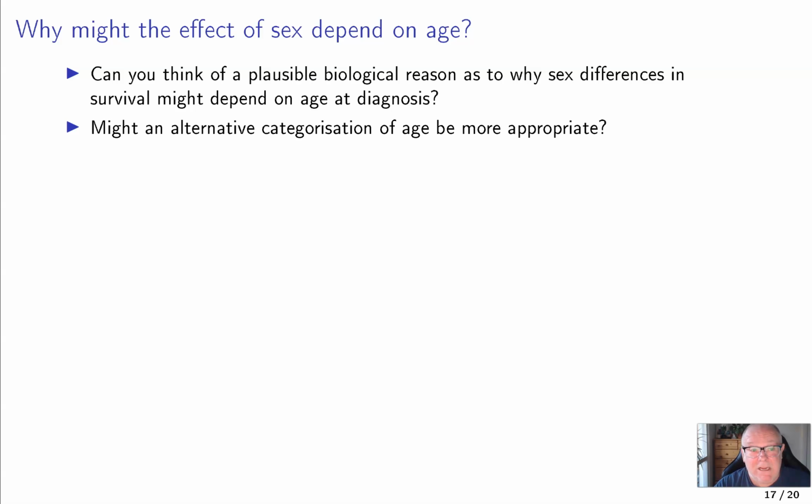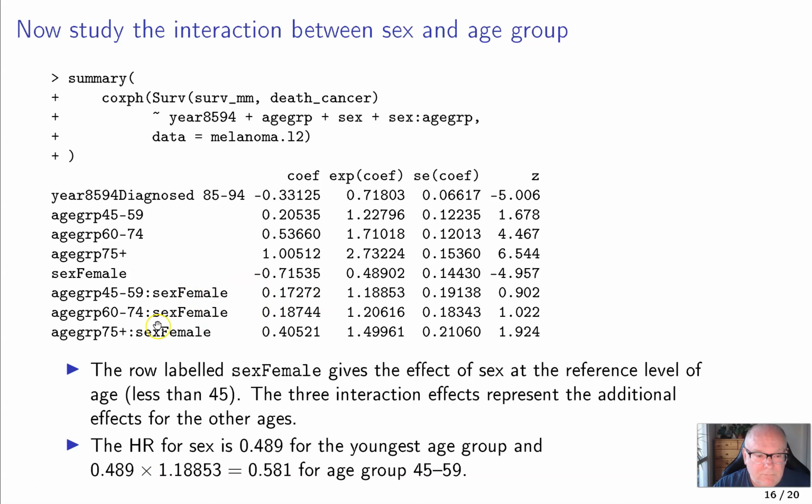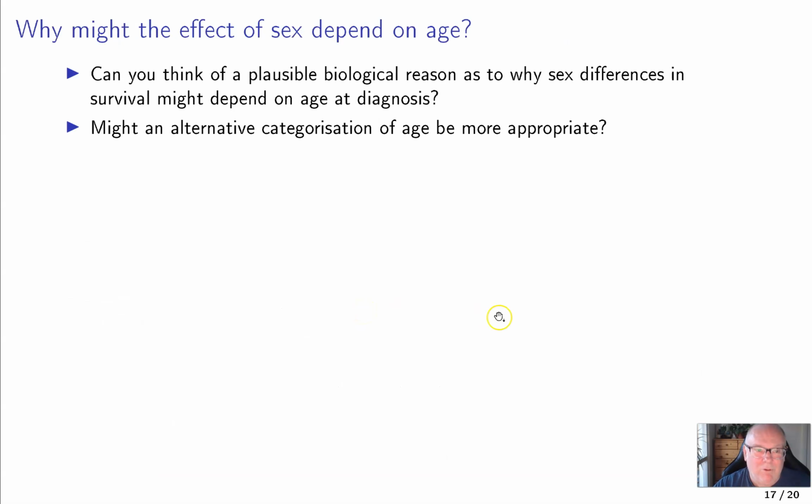So if this was our hypothesis, then we might prefer an alternative categorization of age. We might prefer to categorize the patients into premenopausal, perimenopausal, or postmenopausal. So we don't have the best categorization of age if this was our hypothesis, but we'll go ahead and look at it anyway.